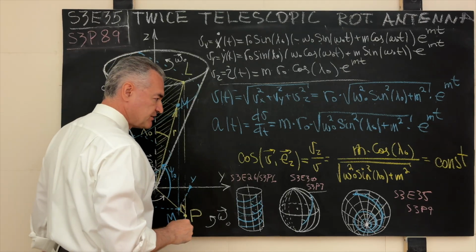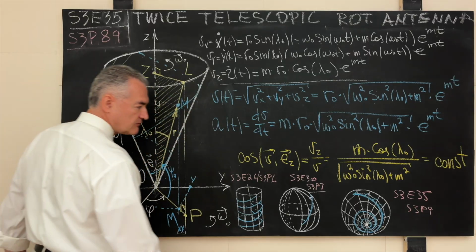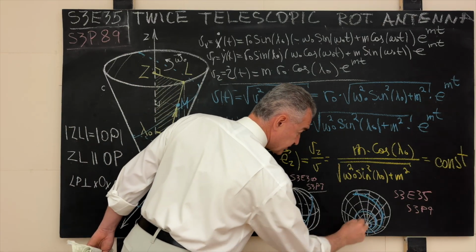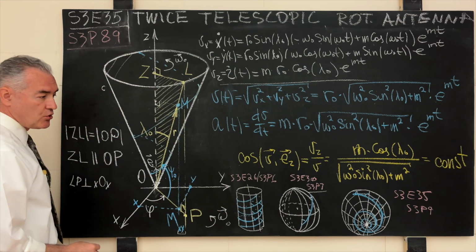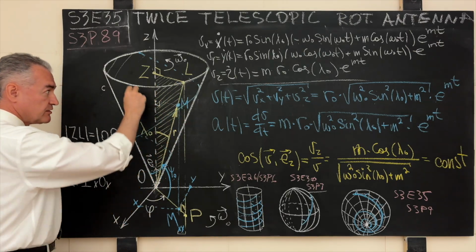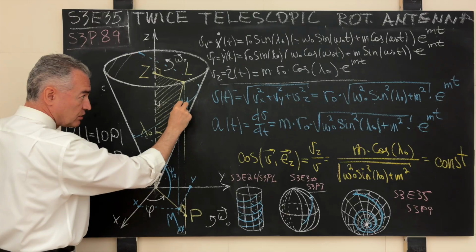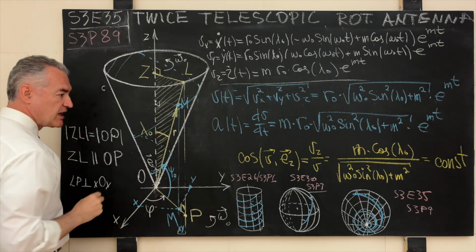So here, as our point M traces this conical spiral, it intersects every generatrix of this cone, or every meridian. So this will be the meridian, another meridian, another meridian. So every time our point will intersect such a meridian at one and the same angle at any time.